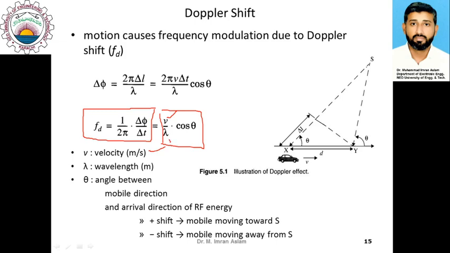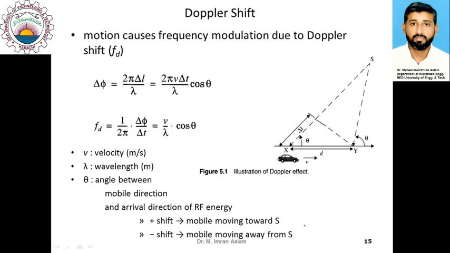It's also dependent on the wavelength, which is the wavelength of the wave generated by the transmitter or receiver, and theta is the angle between the direction of motion and the arrival direction of RF energy. So direction of motion is this one, and arrival direction of this RF energy is this one, so this angle is theta. And again, this frequency shift would depend on the direction of motion.